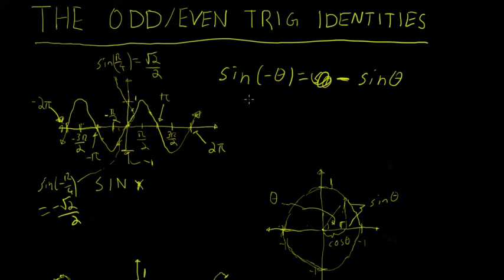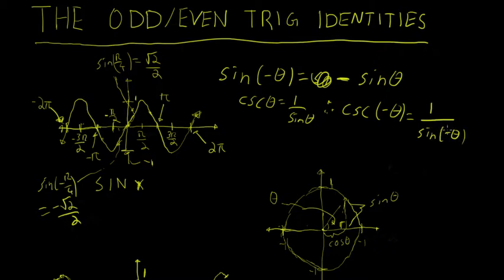Now hopefully you'll remember that the cosecant function, cosecant of theta, is 1 over sine of theta. So this means that, these three dots simply mean therefore, the cosecant of negative theta is equal to 1 over the sine of negative theta.